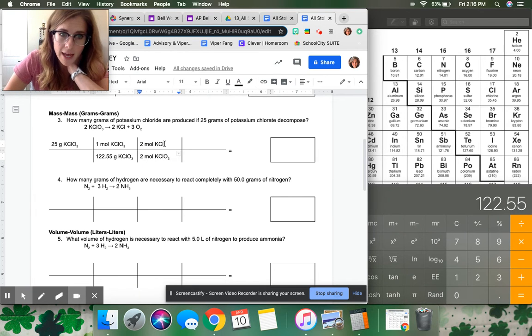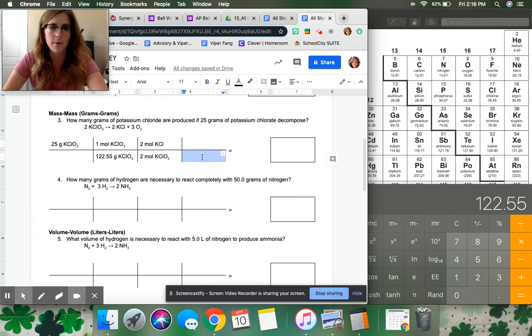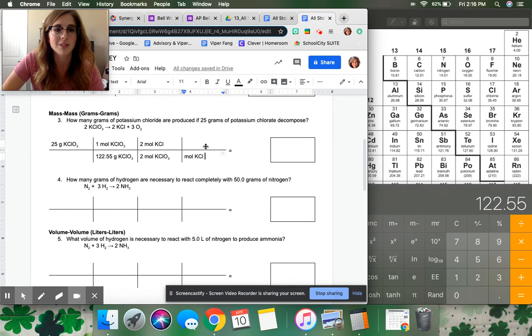All right. Now your last step here, as per usual, you're going to say what goes up must come down. You can just copy paste it. And then at the end, your desired unit is what they're asking for in the problem. They say how many grams of potassium chloride. So we're going to say grams KCl. Okay.